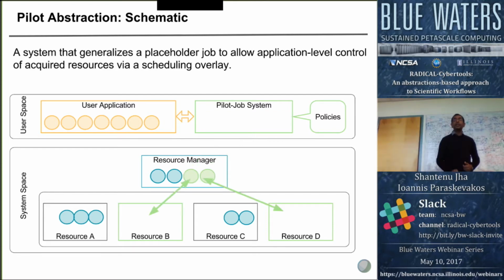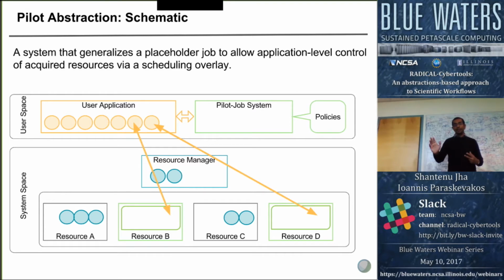So next slide, please. And what you see here is the green box, which is the pilot job, an empty job, having been launched and started on the resource and ready to run, but without a workload. So what you've just done is decoupled the acquisition of the resource from the actual workload that's going to utilize that resource.